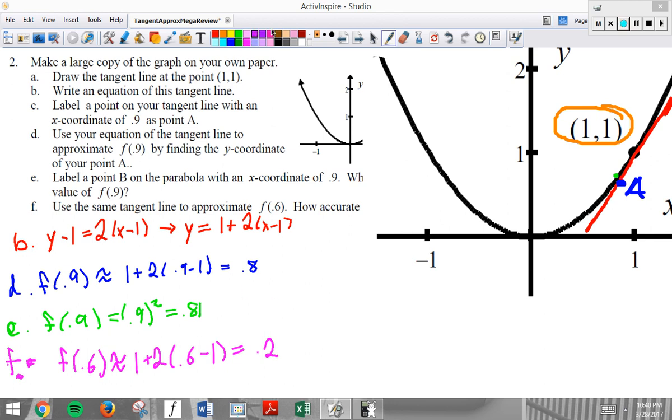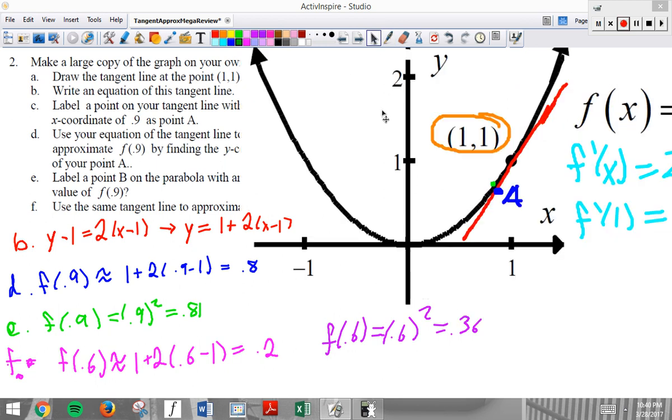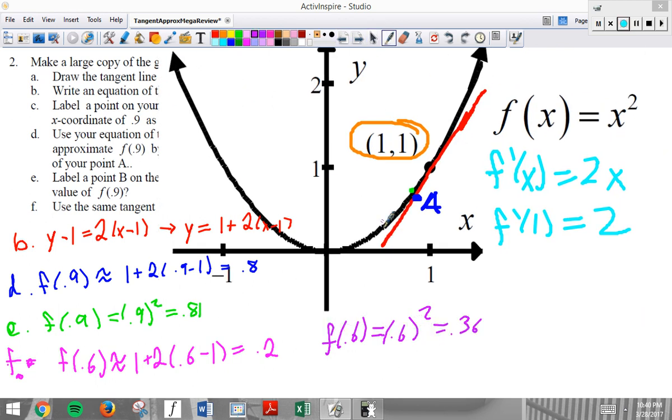But I know f of 0.6 is actually equal to 0.6 squared, which is 0.36. So consider how close these are versus how close these are. And the reason for that is at 0.6, there's the actual point, and here's my point. The gap is increasing as I get further and further away from the point of tangency.